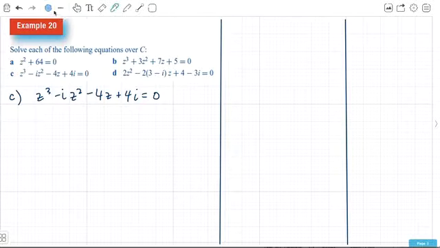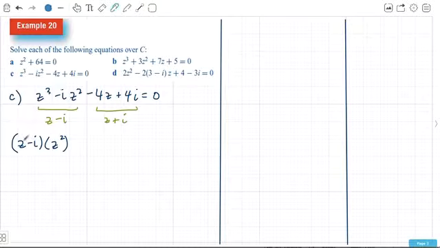This was the one, remember, where we identified that Z minus i was a common factor for both of those parts. And then we split that up. So we said Z minus i actually goes into both of these. And if we factored out Z minus i, we'd multiply by Z squared to get Z cubed minus iZ squared.